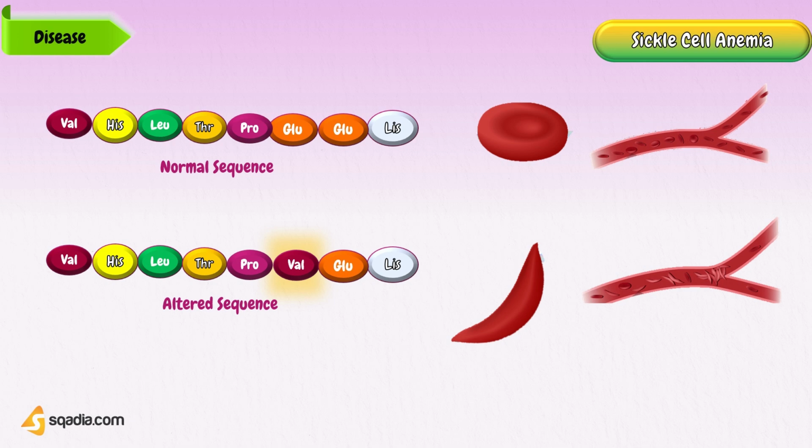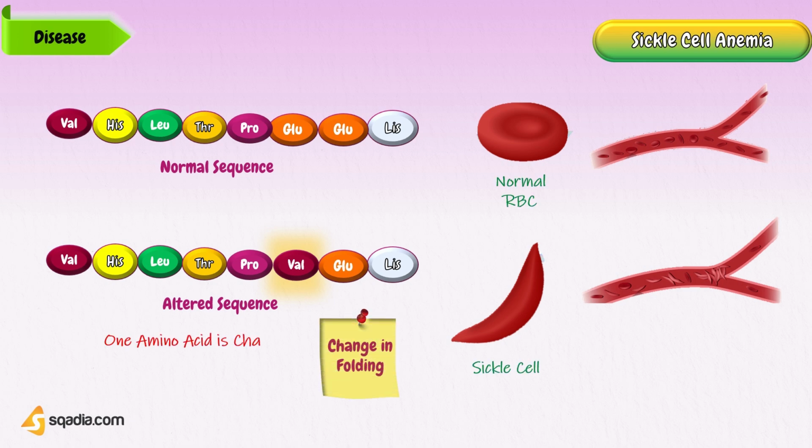Because the side chains of those 2 amino acids are so different, the mutation changes the folding pattern at that location, and the resulting hemoglobin protein, which is responsible for carrying oxygen through the bloodstream, takes on a different shape, causing the red blood cells that contain hemoglobin to look like tiny sickles, which can then clog blood vessels.